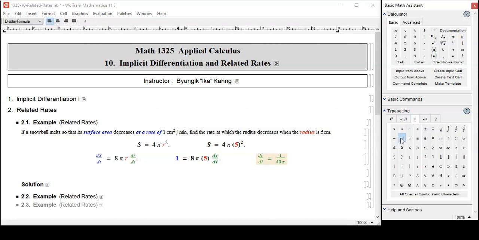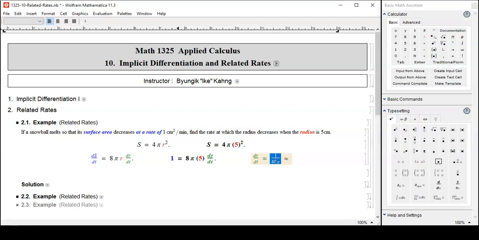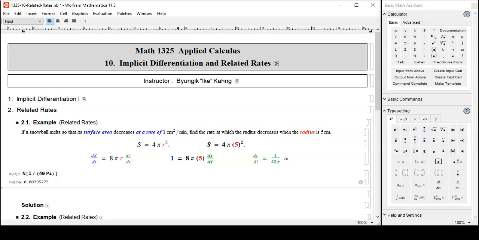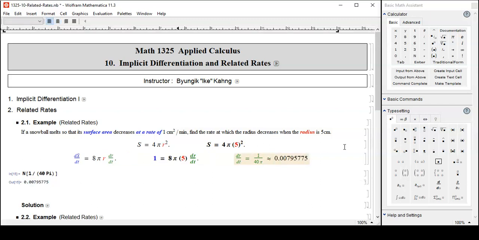And that's approximately equal to about 0.0079. I'll say this is about 0.008.